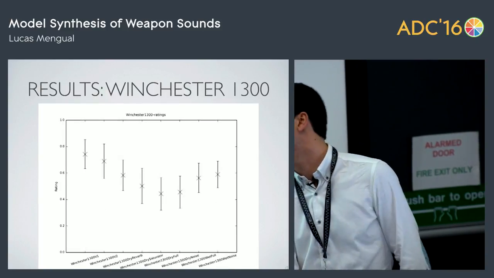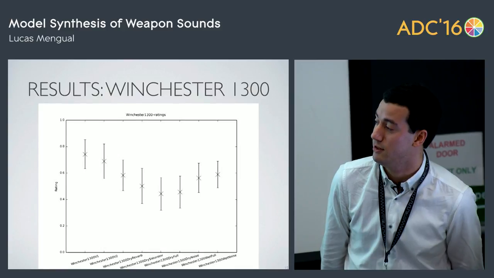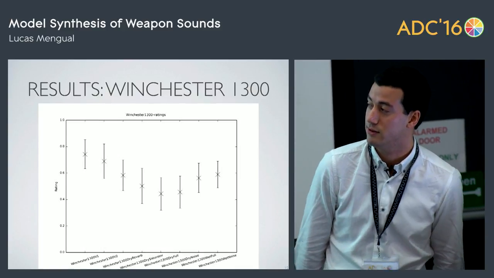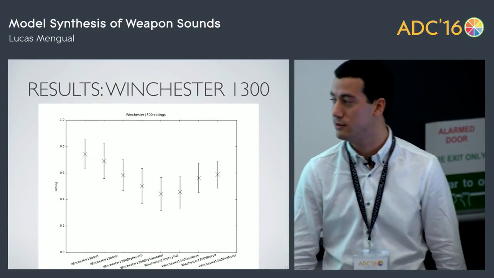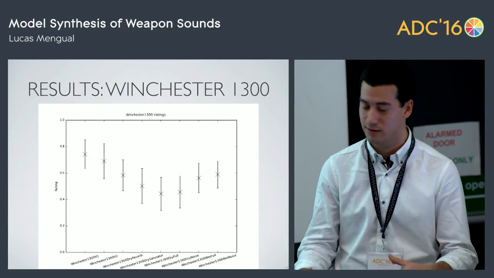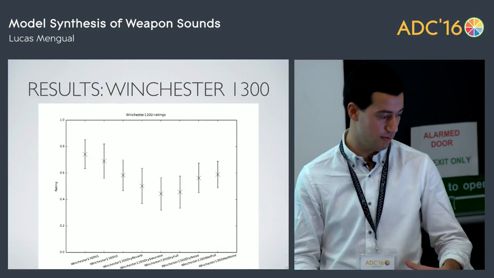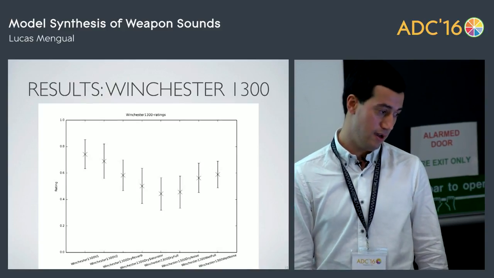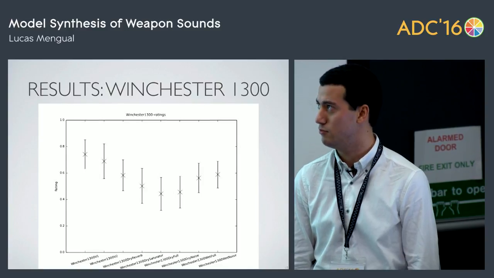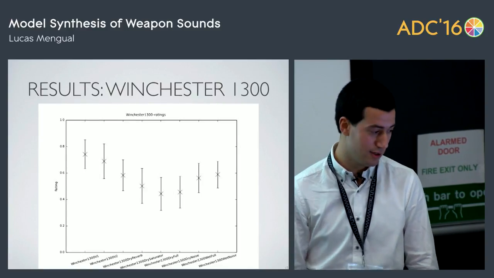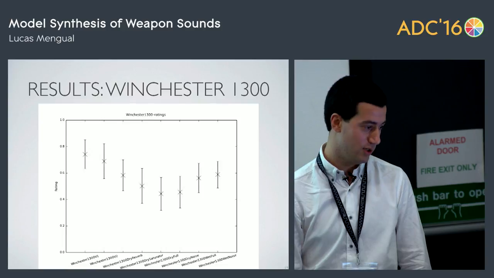Shotgun, okay. So Winchester 1300. If you guys are a fan of this shotgun, it sounds really low and bassy. It's kind of like their type of sound for this shotgun. And this one actually came pretty well, and I'm probably the best for this one. I liked it as well.